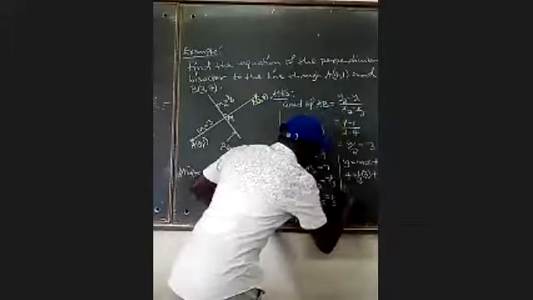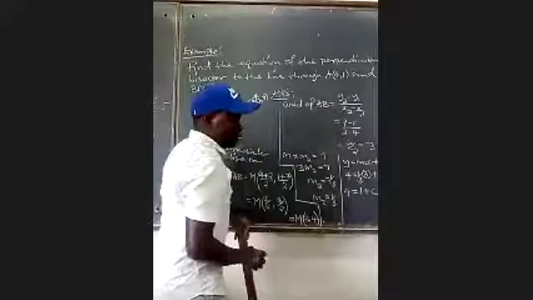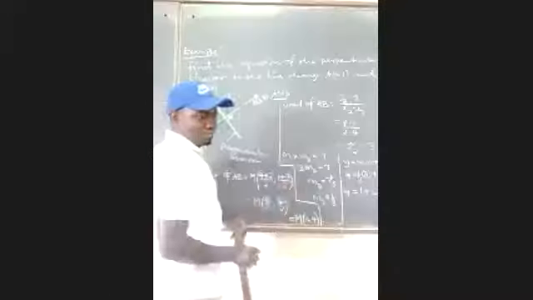And then 4 is equal to 1 plus c. So c will be equal to 3. Therefore, the equation of the line is.